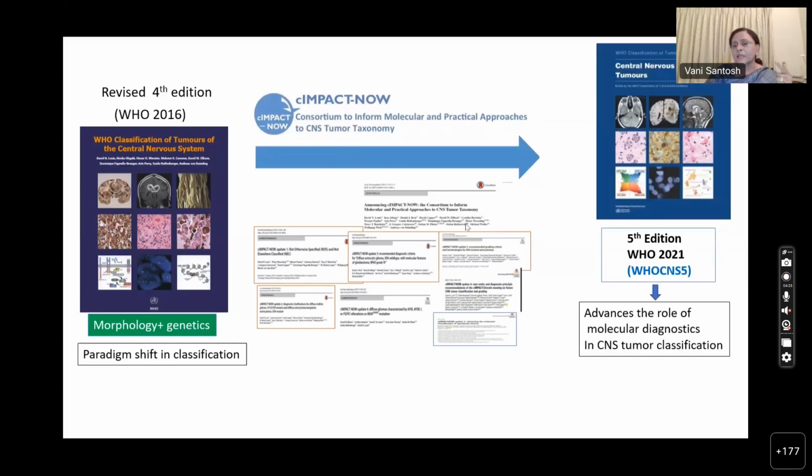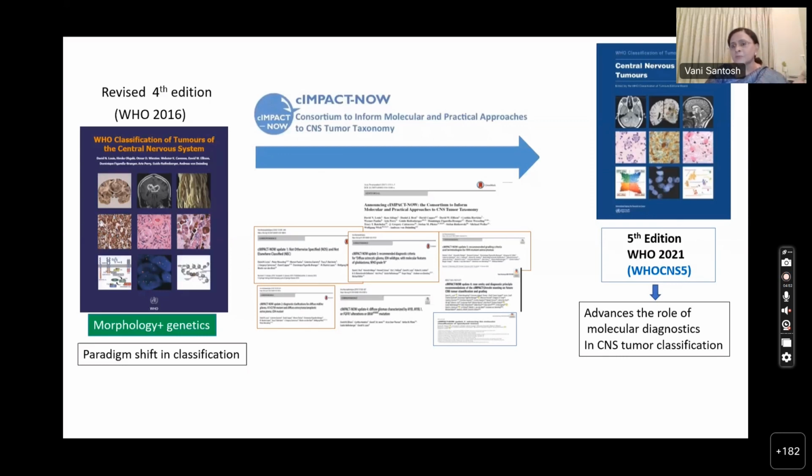And it is the recommendations of all these updates that are now incorporated into the current classification that we are all following, that is the WHO 2021 classification. This is the 5th edition and very popularly referred to as the WHO CNS5. And therefore, this classification advances the role of molecular diagnostics even further in CNS tumor classification. Nevertheless, it is deeply rooted to established approaches of tumor characterization.